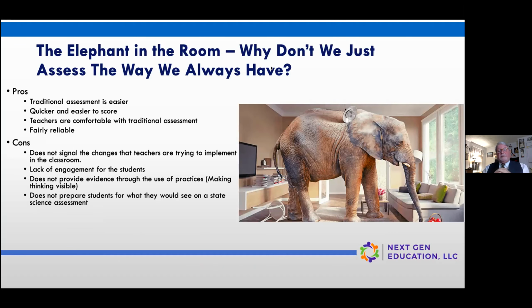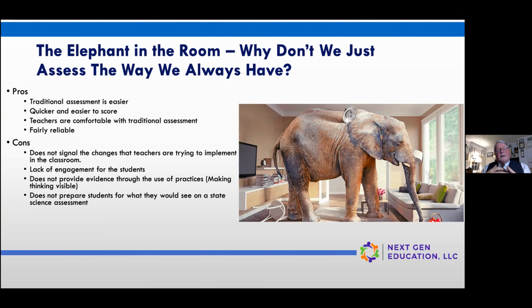But here's the elephant in the room. This has been a common discussion ever since the standards first came out. And Vermont, very similar to Rhode Island, we came out in that first year, 2013. But I know there's a host of people on this call that aren't necessarily in that early sequence.